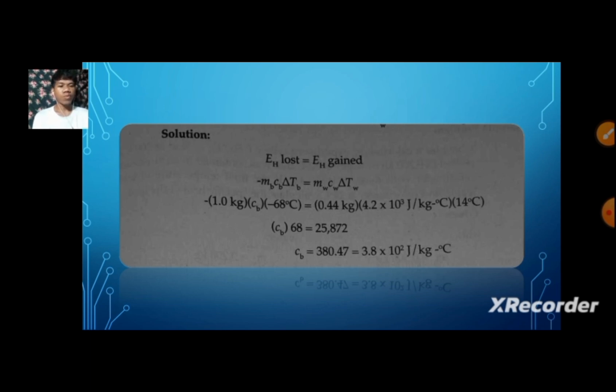We have minus 1.0 kilogram, and our capacity is still unknown, and our delta is negative 68 degrees Celsius, which is equal to 0.44 kilogram times 4.2 times 10 to the power of 3 joule per kg degree Celsius times 14 degrees Celsius.